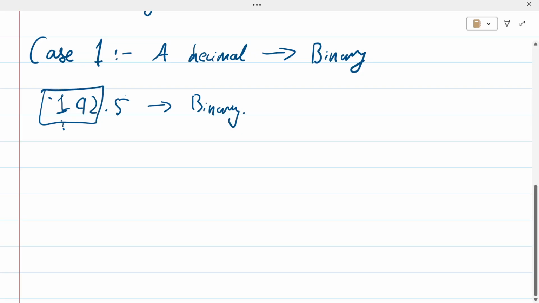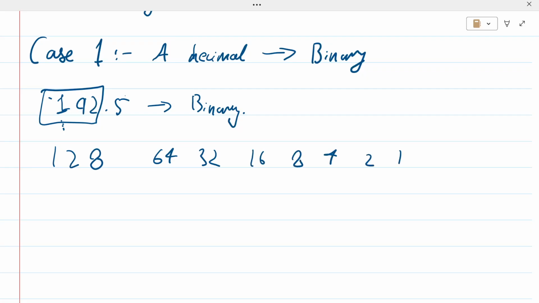If you were just given 192, how would you have been solving it? You would write all the powers of 2 from 0 to 7: 128, 64, 32, 16, 8, 4, 2, 1, right? Now, how many of these would I have to add in order to get 192?